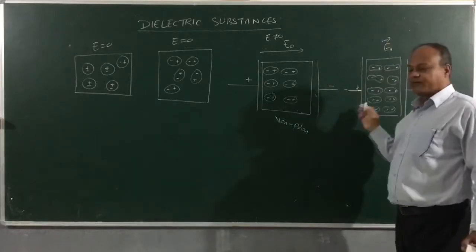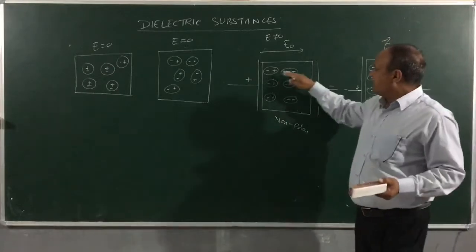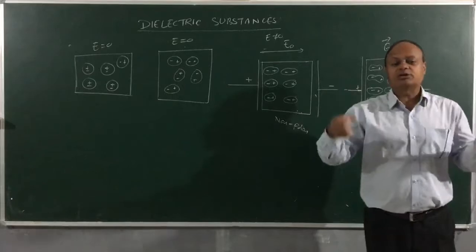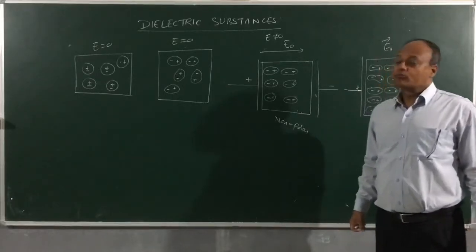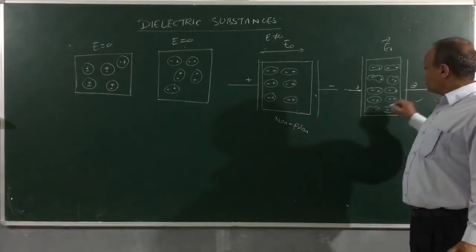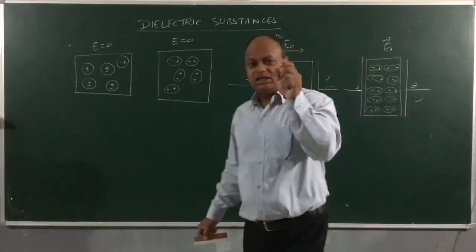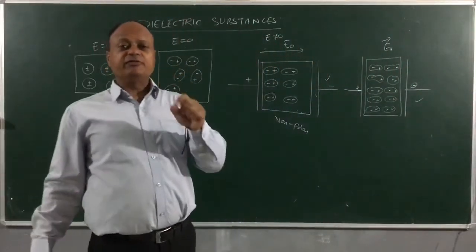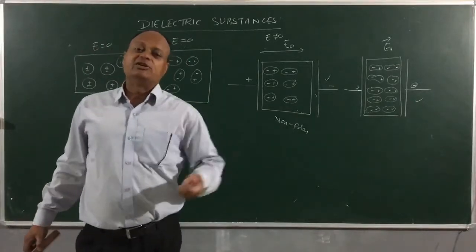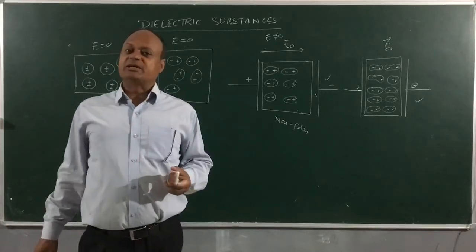So in both cases we find that the whole dielectric slab gets polarized, because the center of gravity of positive and negative charge is separated and the molecule gets extended. Similar phenomenon will be observed, but in this case it will be less charge. But either way we conclude that when you place a dielectric slab in an external electric field, it will be polarized because the centers of gravity of positive and negative charge will be separated.